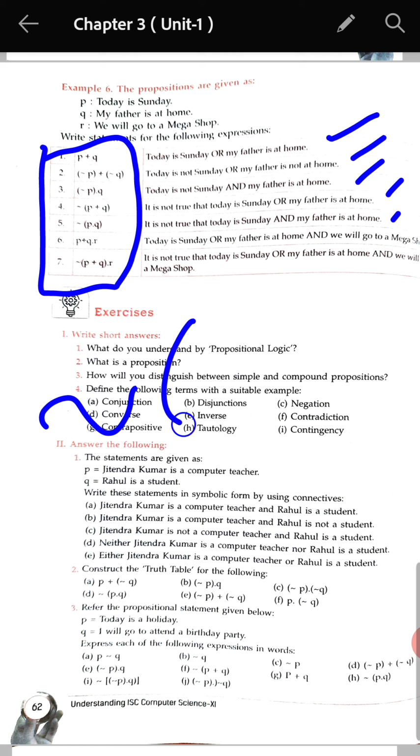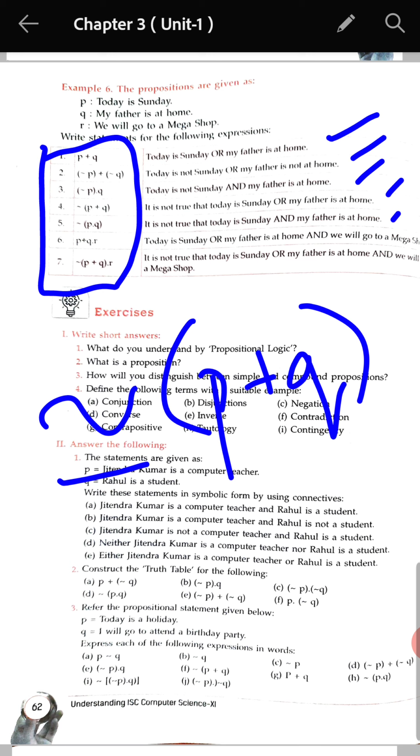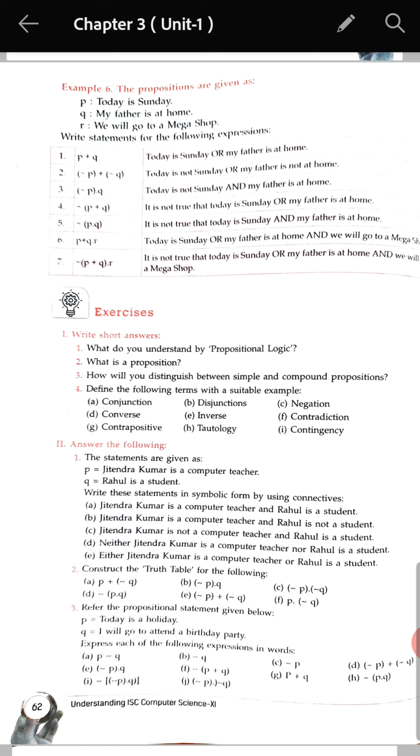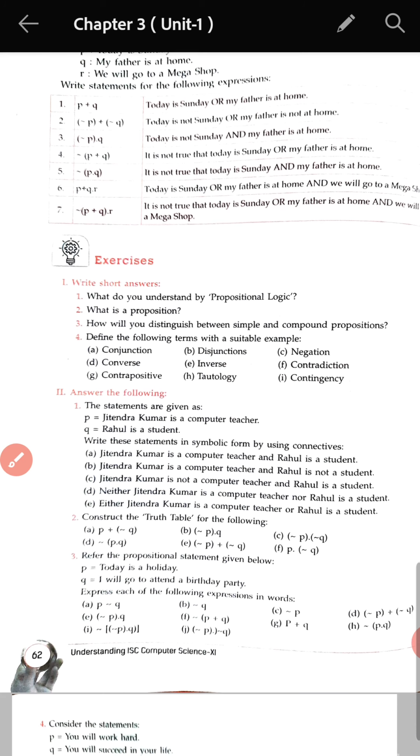If some expression is written in this format, then you have to write: it is not true that today is Sunday or my father is at home. It is not true that.